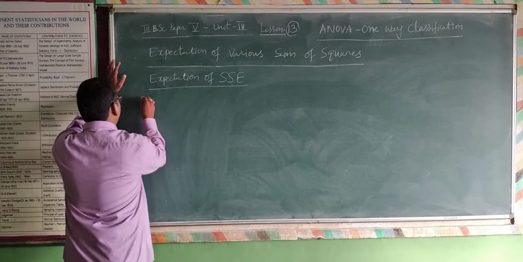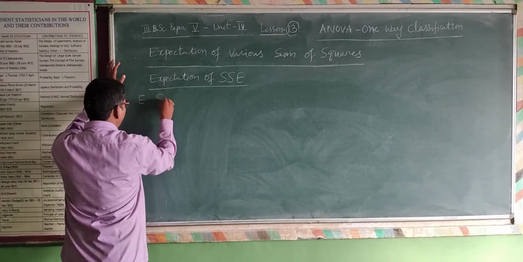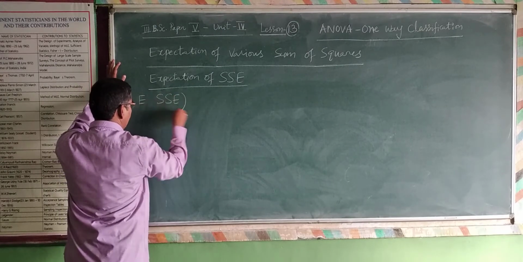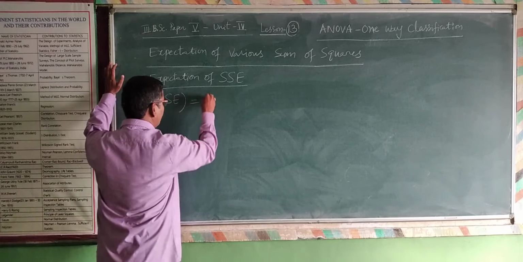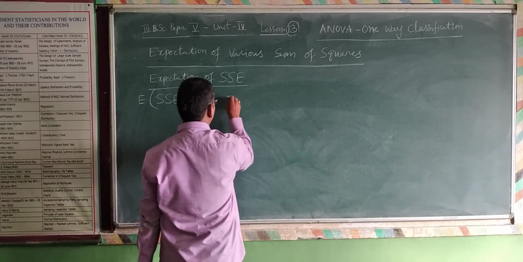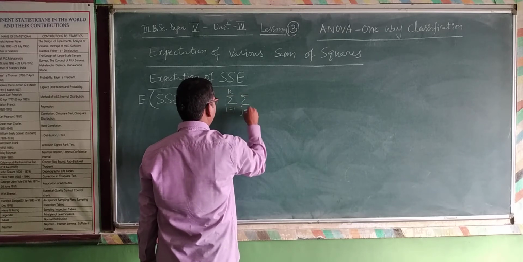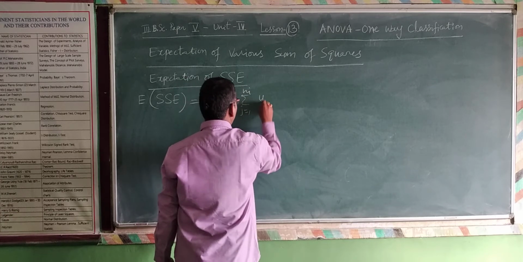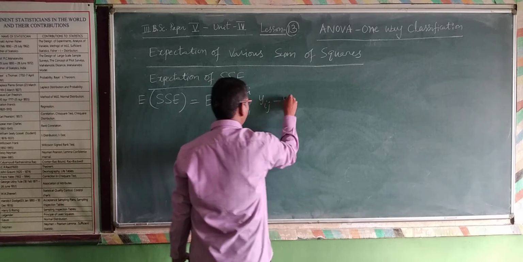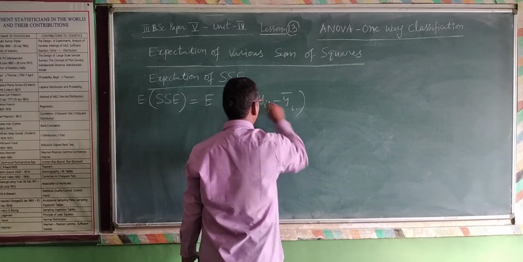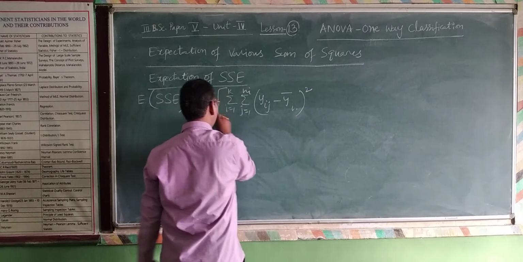So I calculate directly. I consider expectation of SSE. The formula of SSE is summation i equal to 1 to k, summation j equal to 1 to ni, yij minus y bar i dot the whole square. Am I right?